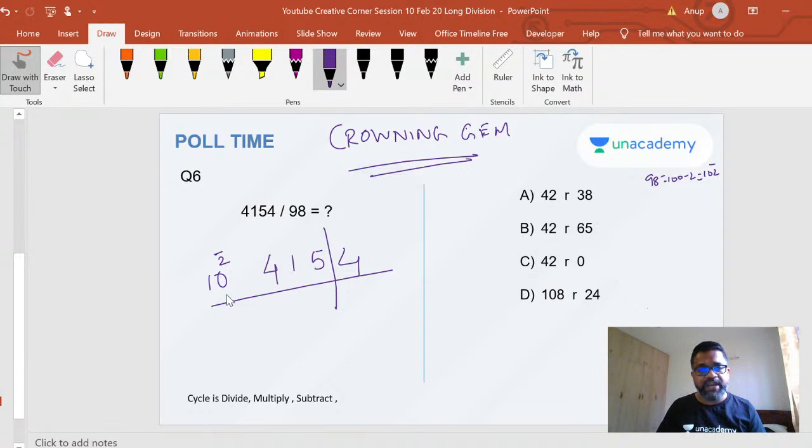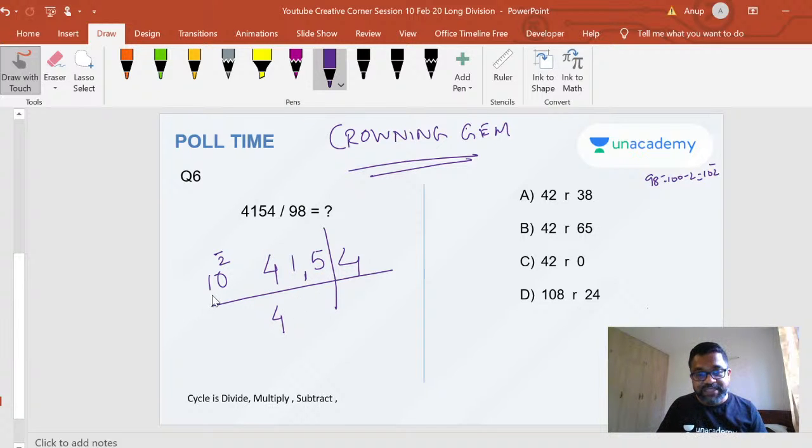So 41, I divided by 10, goes 4 times, with a remainder of 1, right? Now it is 15 plus 4 into minus 2, which is 4 into minus 2 is minus 8. So it becomes 15 minus 8, which becomes 23, right?